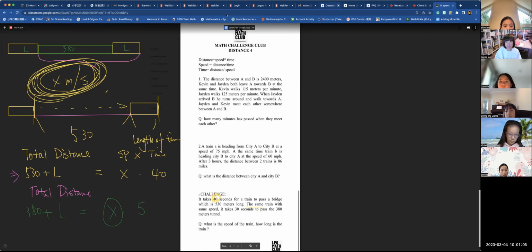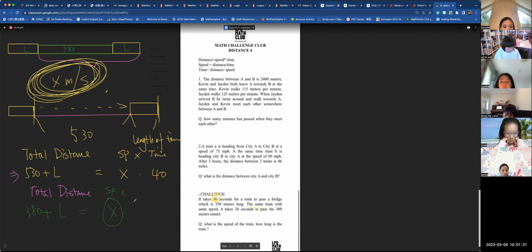How many seconds does this train take to pass through? Take a look at the question. 30 seconds. So where did you get the 5? Is there a 5 in the question? No. So x is a speed, right? Speed you need to multiply by time.